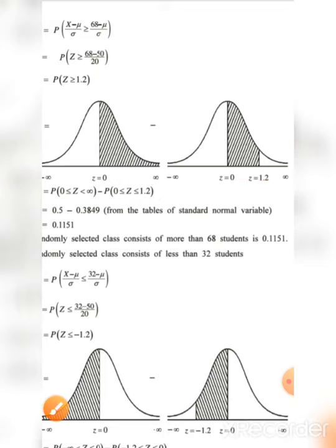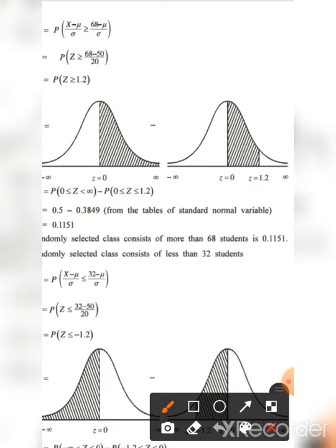Now over here children, you would find that 0 to infinity is always 0.5, as I had shown you previously, right? So for this the value is 0.5, then the minus sign, then this 1.2 you are going to look up in the standard normal curve table. I showed you how you can detect the value. So it will give you 0.3849 from the standard normal curve table, right?